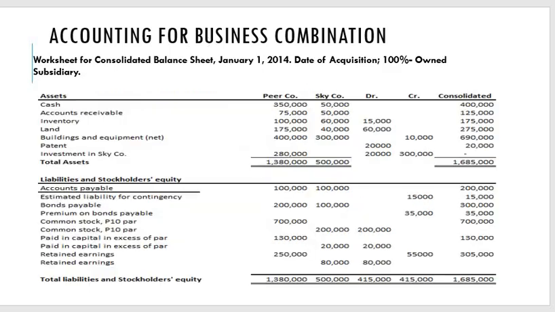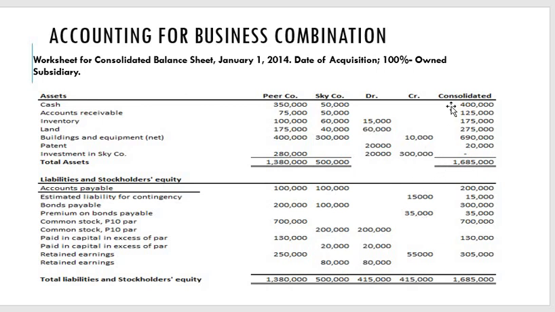If we plot that in our worksheet, the effect of the first entry is to eliminate the investment equity account against the investment account. Then the effect of the second entry is to recognize the bargain, which is an addition to retained earnings, and the effect of the undervaluation and overvaluation of assets and liabilities.